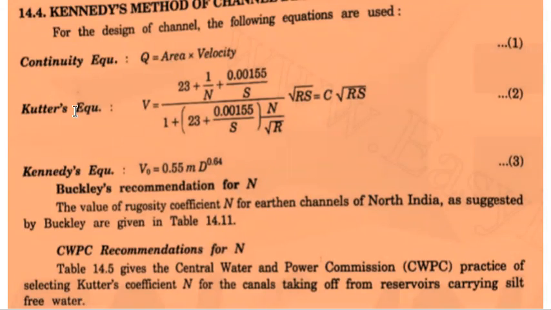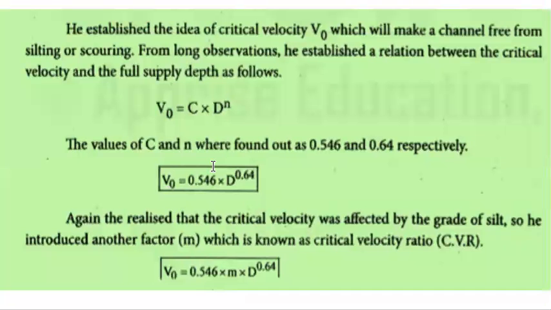As I showed earlier about the continuity equation, Kutter's equation, and Kennedy's equations, you can also use this 0.55 instead of the 0.546 which I have already shown you.